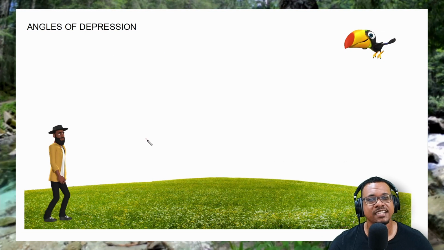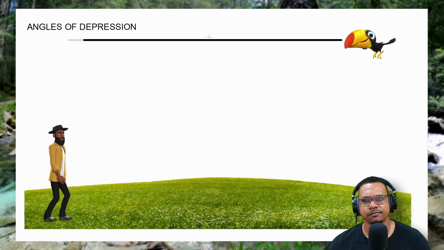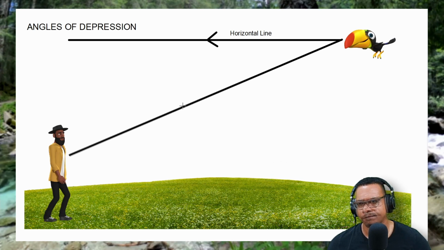So now let's look at the angles of depression. So again, I have a man and I have a bird up in the sky. And let's say this time that the bird is looking horizontal. So I just label this my horizontal line. And then the bird looks down at the man.